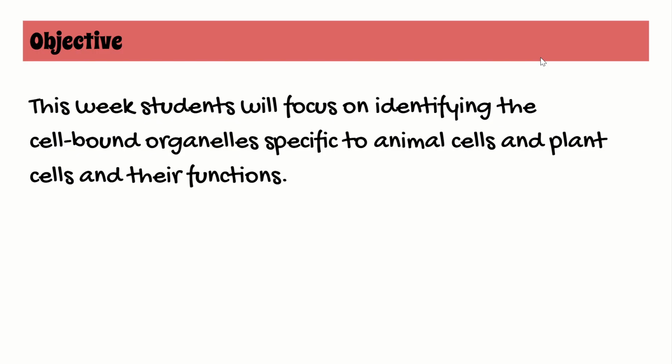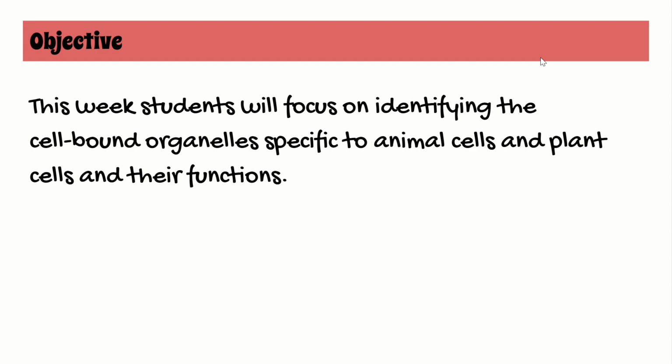So today, this lecture is going to be about identifying the cell-bound organelles, and then Thursday will be about focusing on their functions, or expounding more on their functions, because we will get into their functions as well today when we're talking about the definitions.